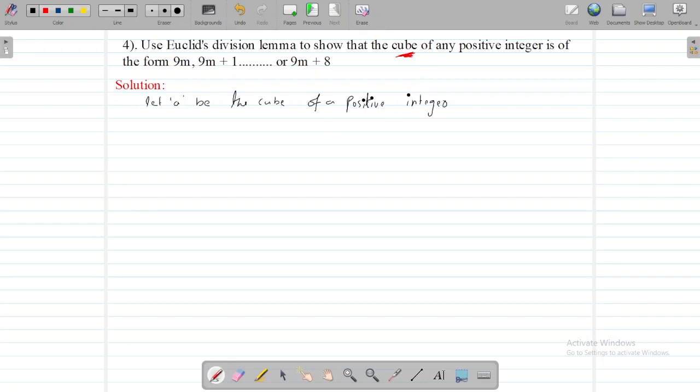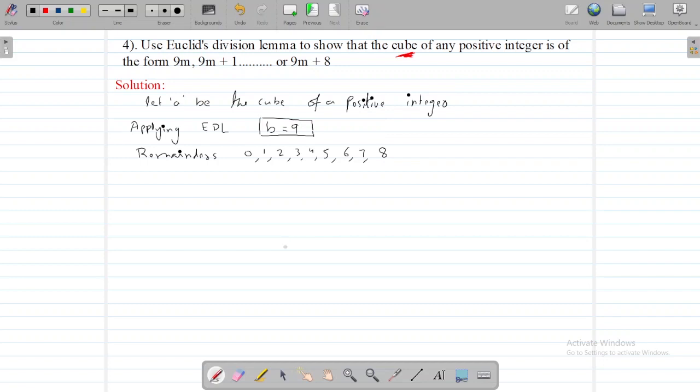So here, now applying Euclid's division lemma, as you know, b is 9 here. The value of b is 9. So obviously, I will be having the remainders as 0, 1, 2, 3, 4, 5, 6, 7 and 8.